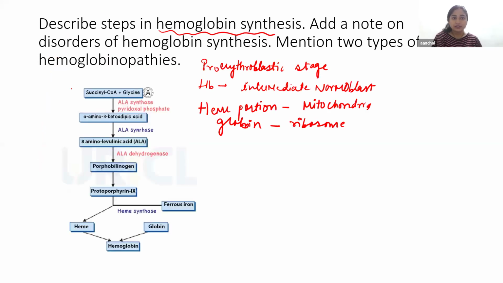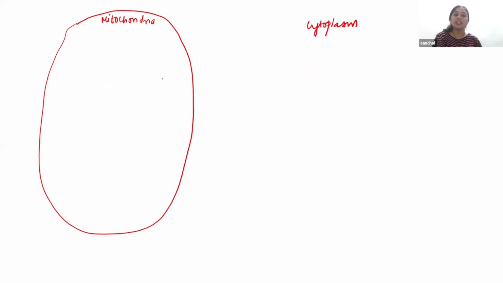As we can see, the succinyl-CoA plus glycine together constitute the heme synthesis, right? So succinyl-CoA and glycine together form the heme. Okay, so the sequence of events are there.